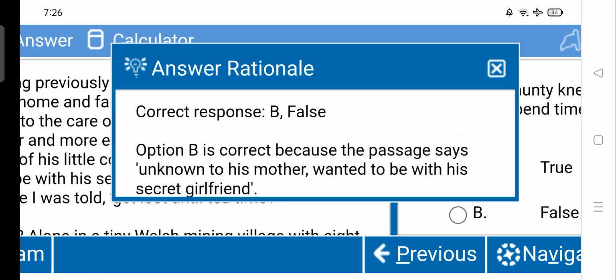Option B is correct because the passage says unknown to his mother he wanted to be with his secret girlfriend.